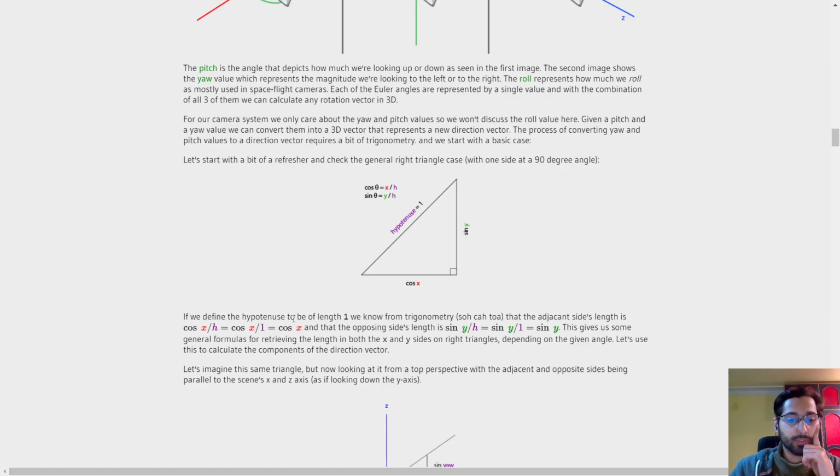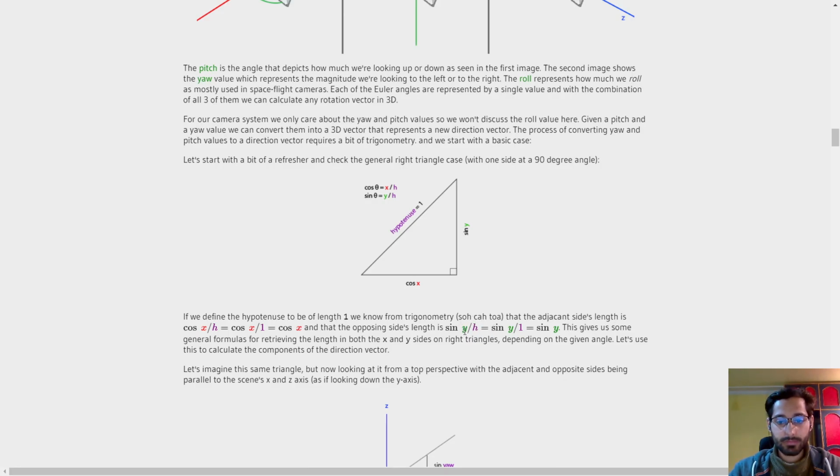If we define the hypotenuse to be of length 1, we know from trigonometry, so CAH, that the adjacent side's length is cos of x by h. Okay, so that would be cos of angle by hypotenuse, which is equal to cos of x by 1, because h is 1, so that is cos x, and the opposing side's length is sine of y by h.